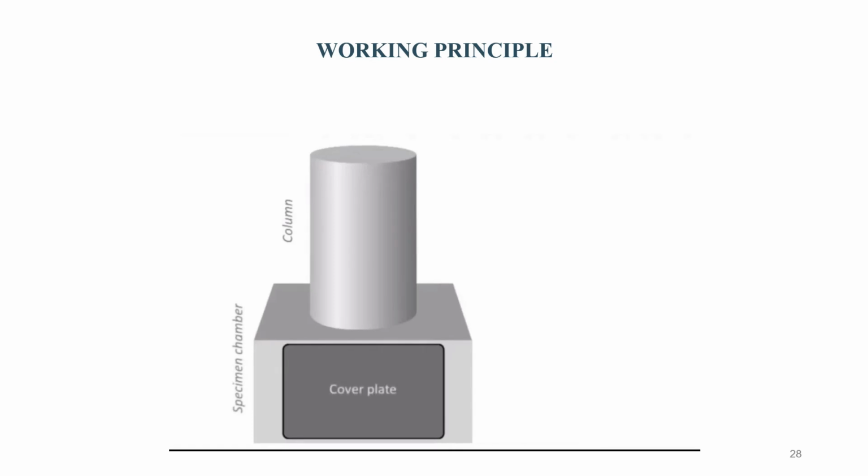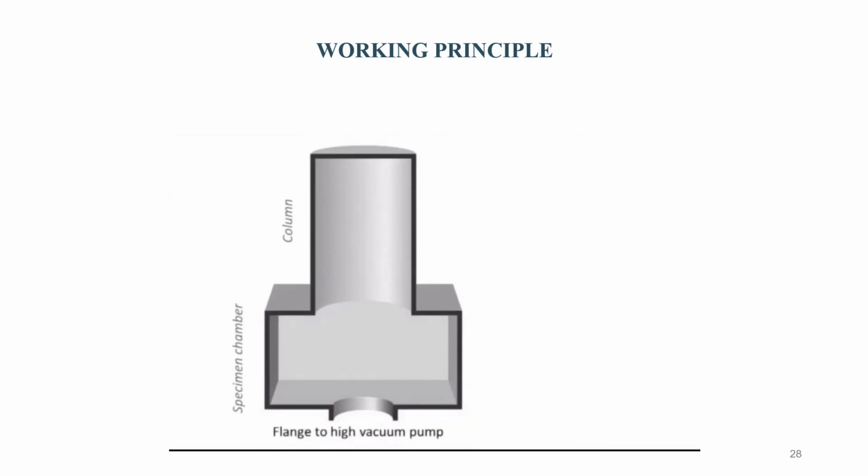This is a column and this is a specimen chamber and this is a cover plate. If we look at the longitudinal section of this instrument, then at the bottom side there is a high vacuum pump. This high vacuum pump creates a vacuum in the column and the specimen chamber. Creating a vacuum is necessary because it removes any air particles or dust particles present in the environment, which will hinder the quality of the image which the computer will produce.